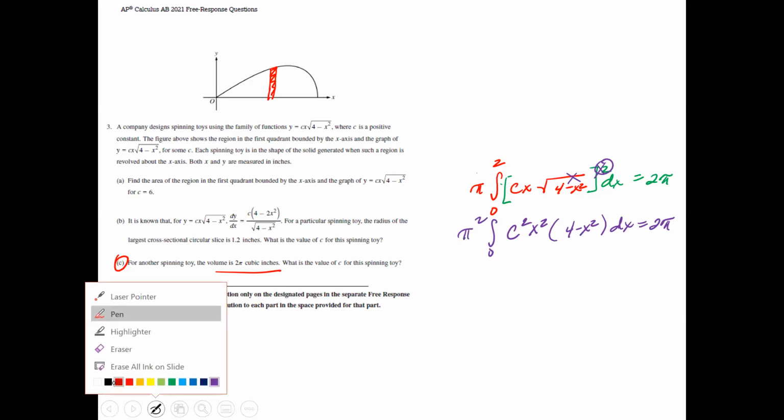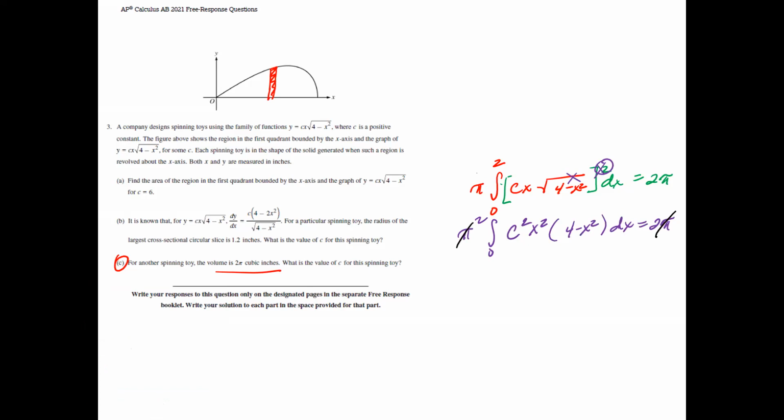Well, I have a pi on both sides, so let's just get rid of that altogether. And then c squared is a constant, so let's move that c squared on the outside. X squared, I'm going to take that x squared and distribute it inside here, because ultimately I'm going to have to integrate this. So let's have 4x squared minus x to the 4 dx equals 2.